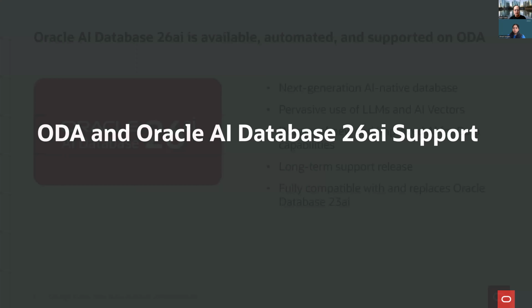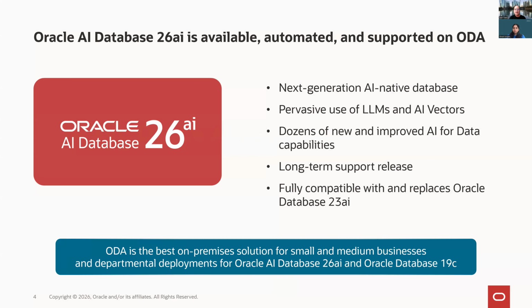So let me just quickly go through the 26AI support. Oracle AI Database 26AI now is available, and it's automated and supported on ODA. So this is our next generation AI native database.